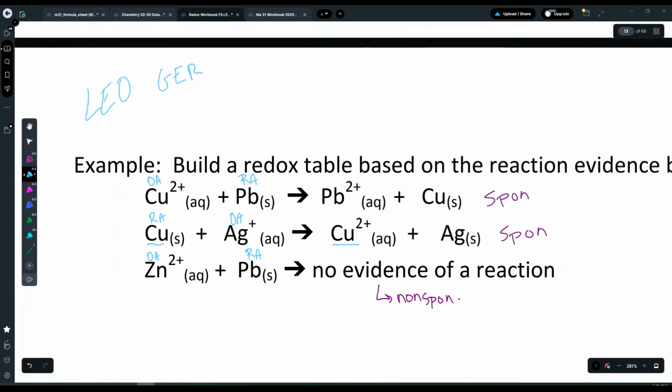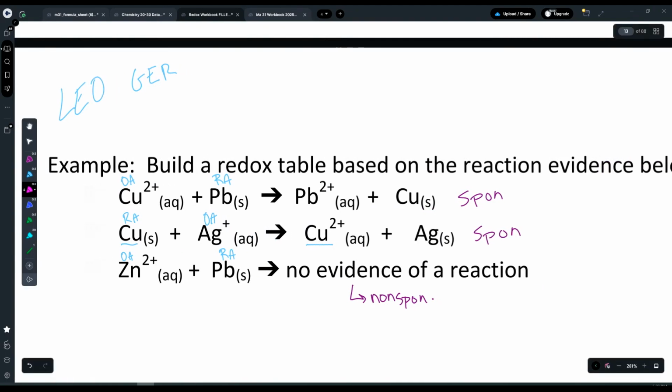All right, so let's decide if our OAs are above or below our RAs. For our first reaction, it's spontaneous, so our OA is above our RA. Our OA was copper 2+ aqueous, and our RA was lead solid.